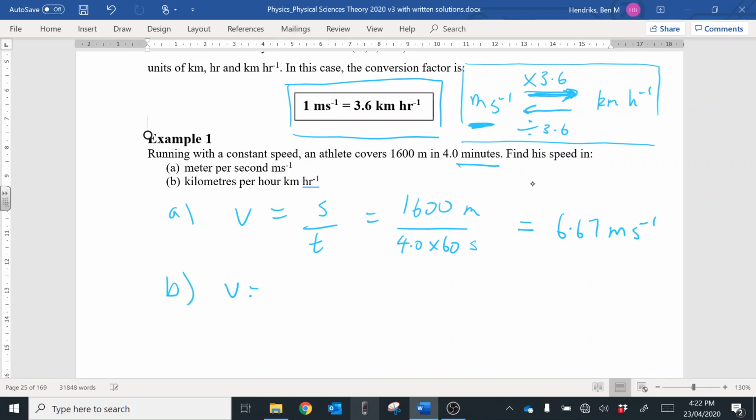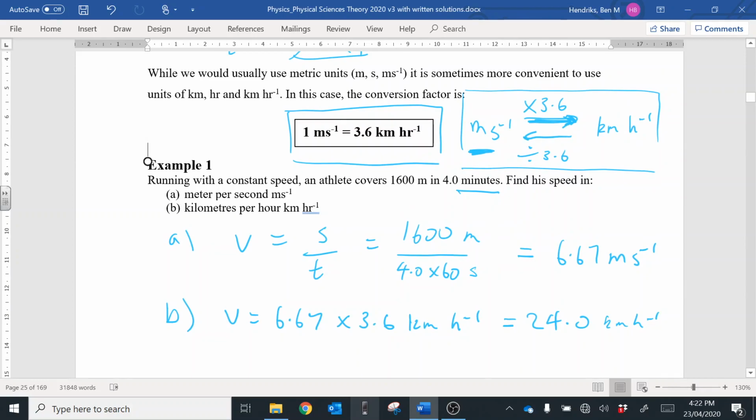So v is equal to 6.67 times by 3.6 kilometers per hour, and that is equal to, when we put it into our calculator, 24.0 kilometers per hour.